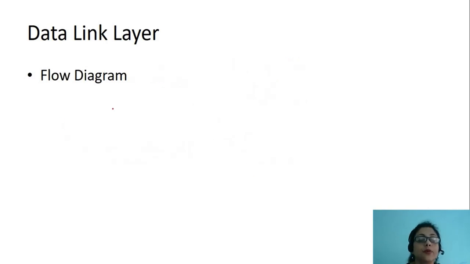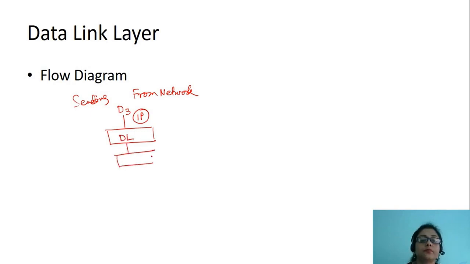Let us understand the flow diagram. Data link layer is the second layer, so it will be receiving D3 data from the network layer of the sending computer. It goes to the data link layer. So D3 data is basically the packets. When it goes to the data link layer, it forms the D2 data, which is the frames.